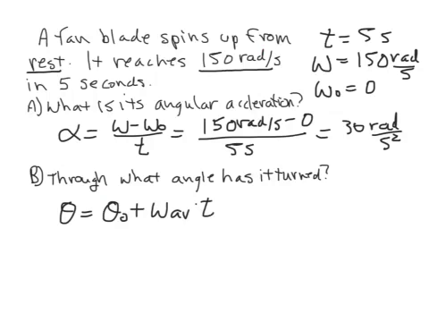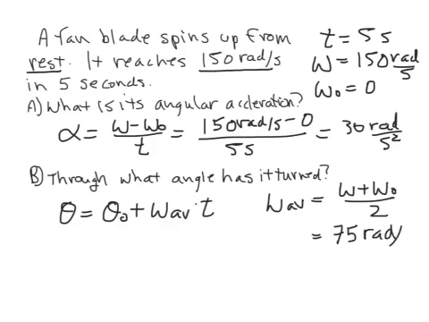And so here, our omega average comes from another formula that says omega plus omega naught divided by 2 is our average angular velocity. And so this is 150 plus 0 divided by 2, or its average angular velocity in that time is 75 radians per second.